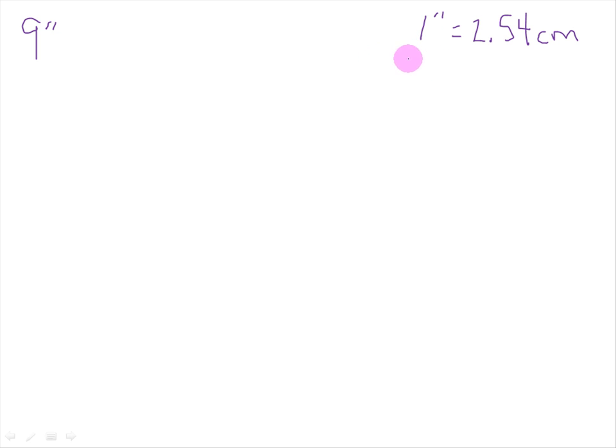So we can write this in the form of 1. We have inches in the numerator's position here, and we want inches in the denominator's position, so I have 1 inch. And we're going to multiply 9 inches times 1 over... it's 2.54 centimeters.